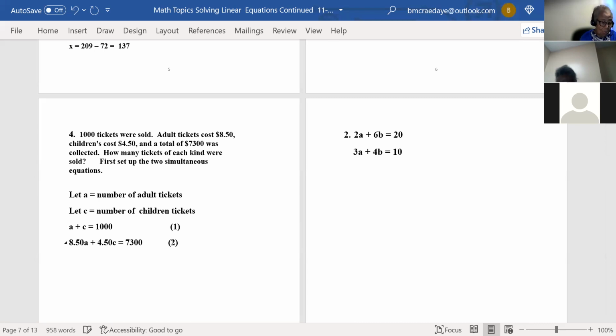Okay, so you took the first equation and changed it to C equals 1,000 minus A. So you're using the substitution method.